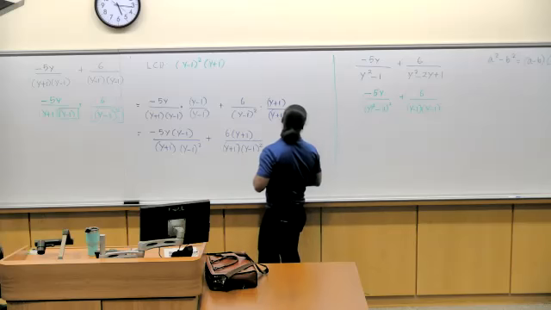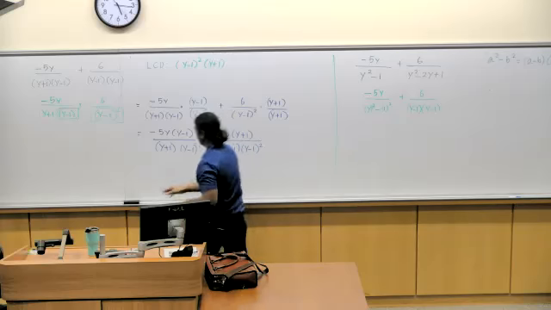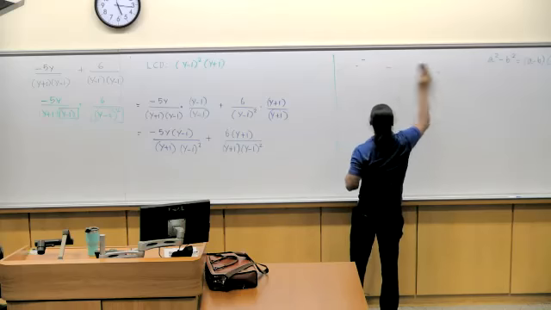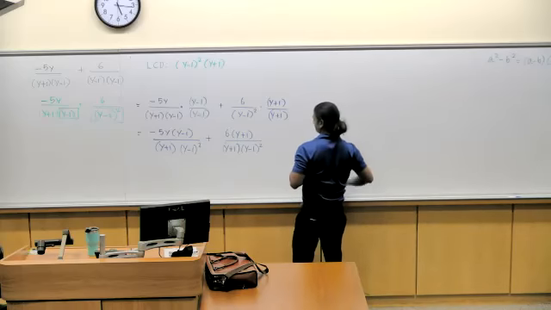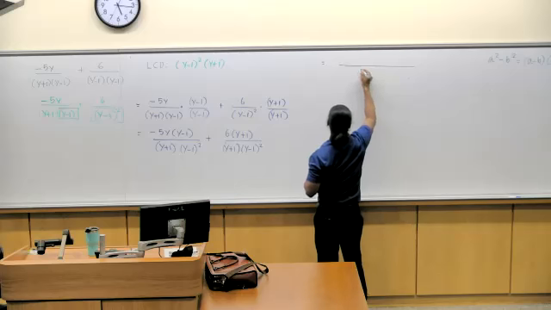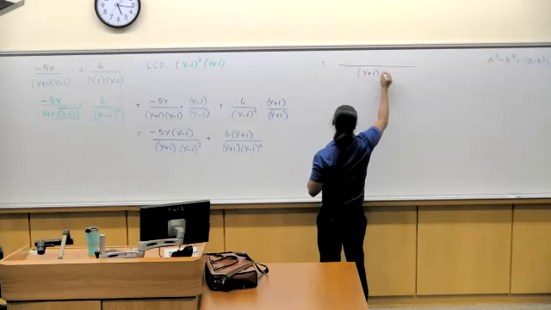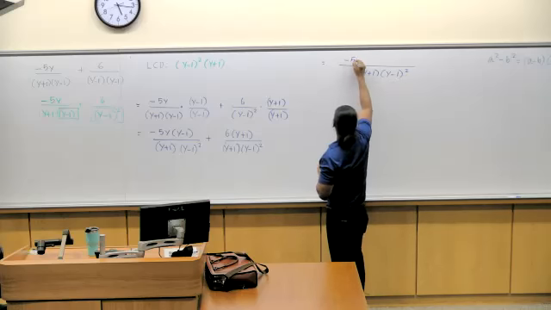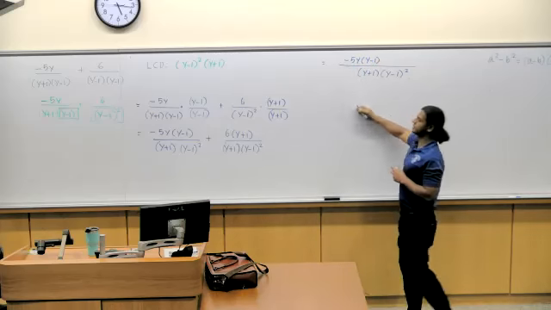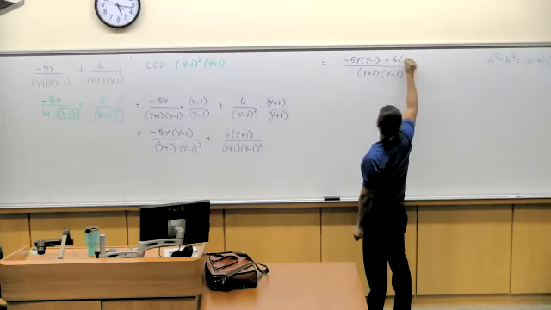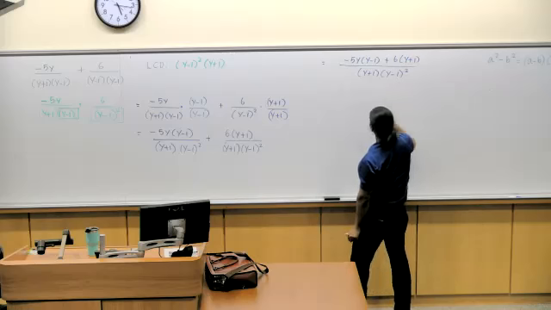So I have a common denominator, so I can combine the numerators. So negative 5y multiplied by y minus 1 plus 6 times y plus 1.